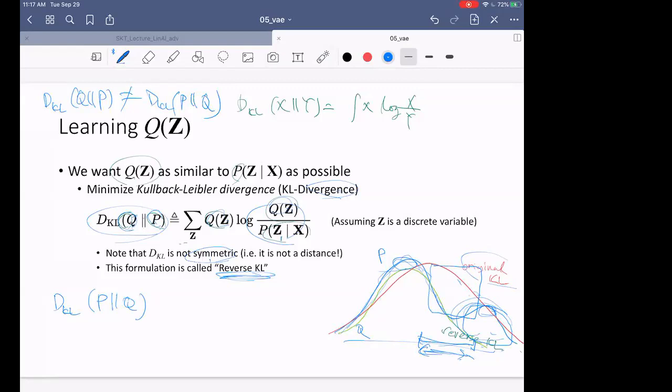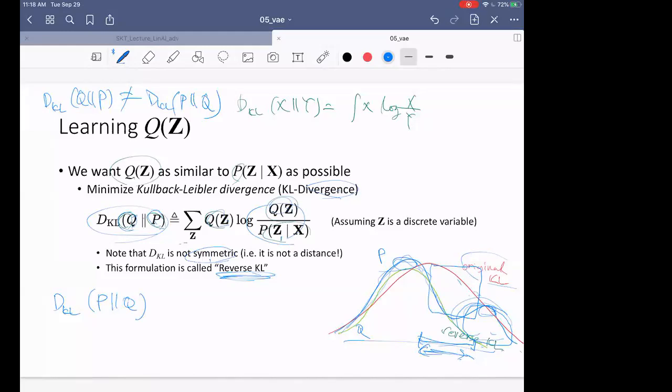If you use the original KL, then your variational inference would look like a very different thing. I guess if you use the original KL, it's not even called variational inference. There's probably some other name. I forgot what the name was. But when you're doing variational inference, it has to be the reverse KL. So it's DKL(Q||P).